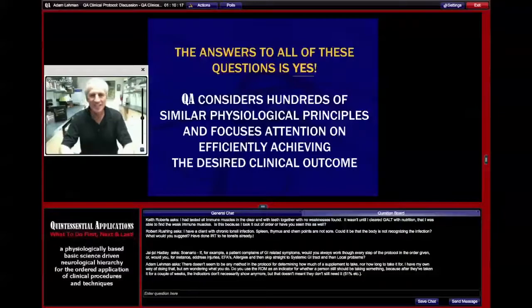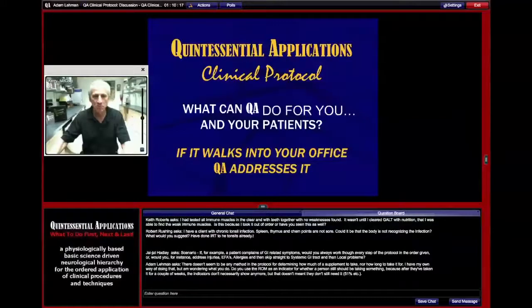Yes. The answer to all of these questions is yes. QA considers hundreds of similar physiological principles and focuses our attention on efficiently achieving a desired outcome by not skipping over systemic influences that might be present.